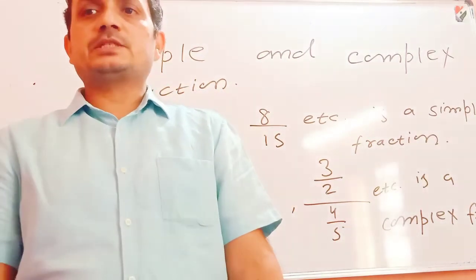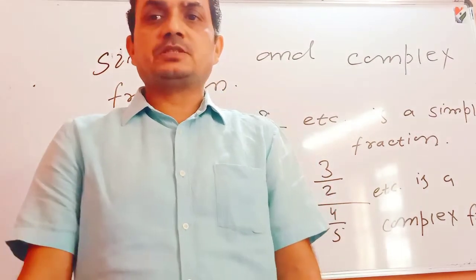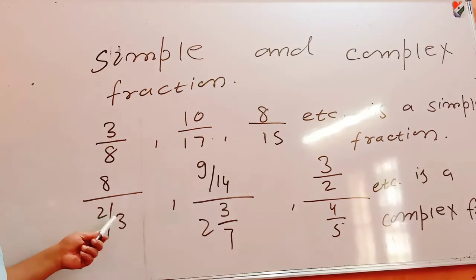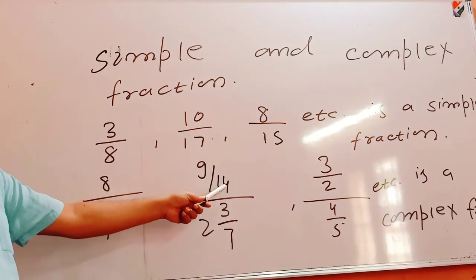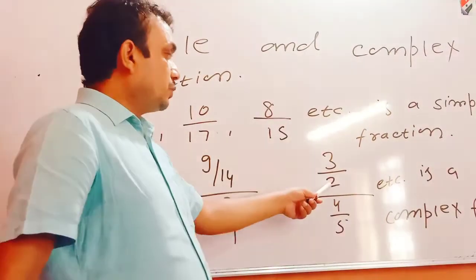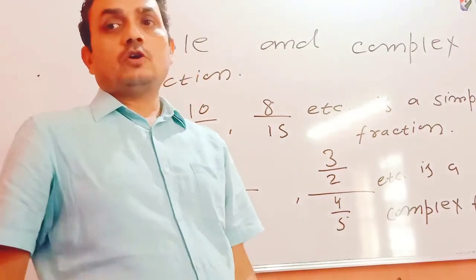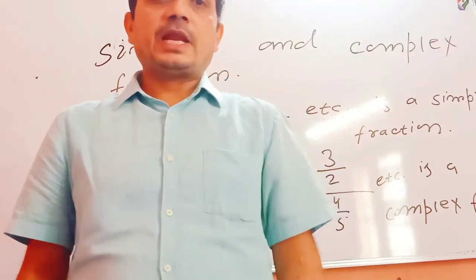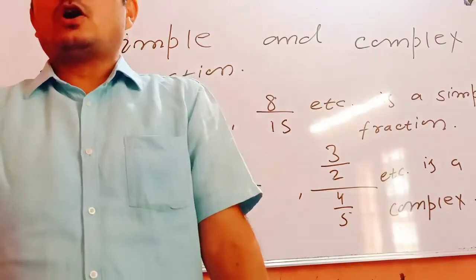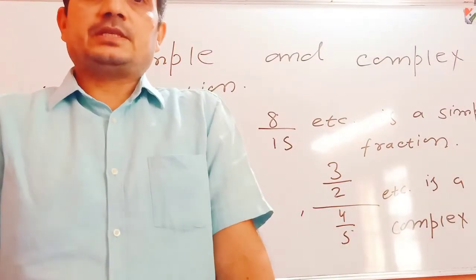Clear? And our second is the complex fraction. I am giving examples: 8 upon 8 divided by 2 upon 3, 9 upon 14 divided by 2 upon 3 by 7, 3 by 2 divided by 3 upon 5 are complex fractions. A complex fraction is a fraction whose numerator or denominator, or both, contain a fraction.